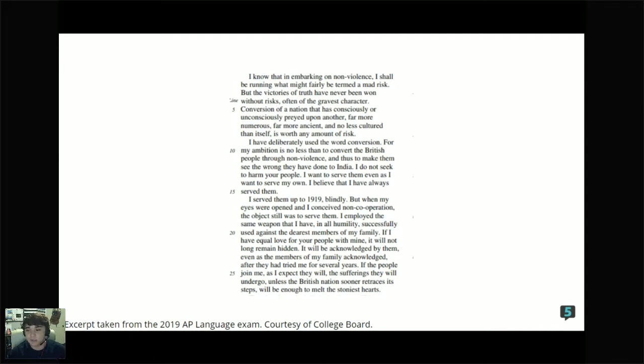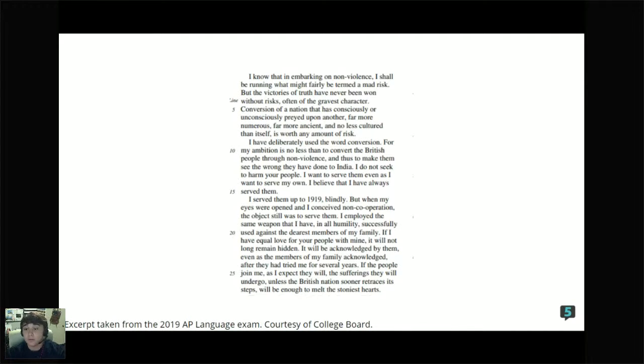Take a second and realize, why did he use those? What about these words makes them so special that he chose to use them? He could have taken out humility and just put in all my gratitude, in all my years of life, successfully used against the dearest members of my family. Each word was handcrafted and picked for a reason.